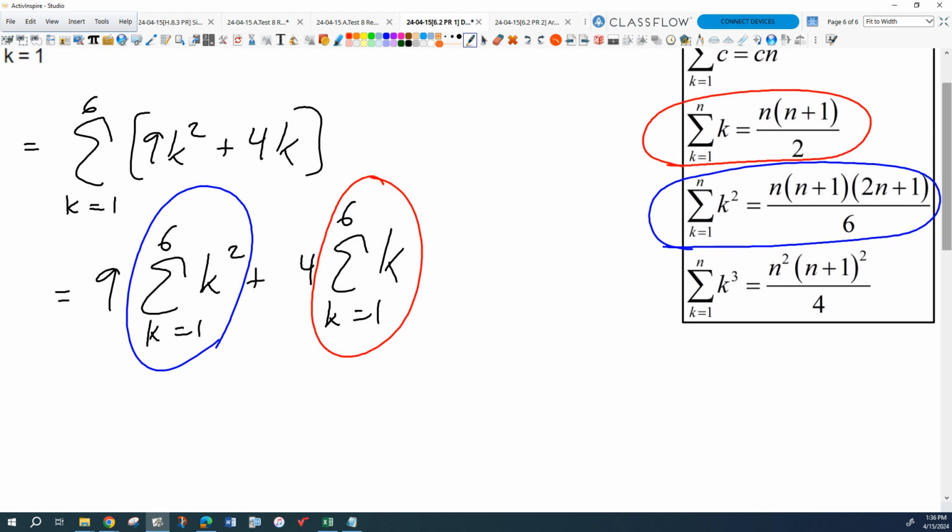So what's that give me? So I get 9 times the sum of k squared from 1 to 6 is, what do the numbers on the top become? Good. 6 times 7 times 2 times 6 plus 1 is 13. Good.